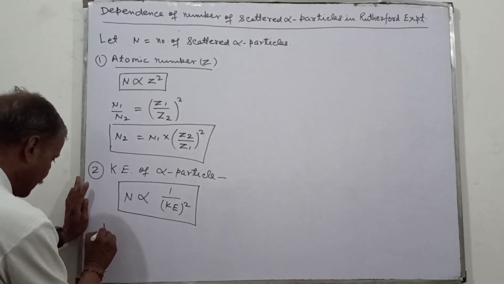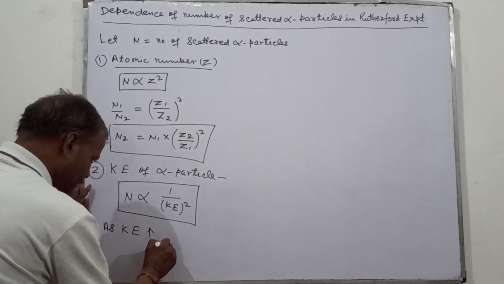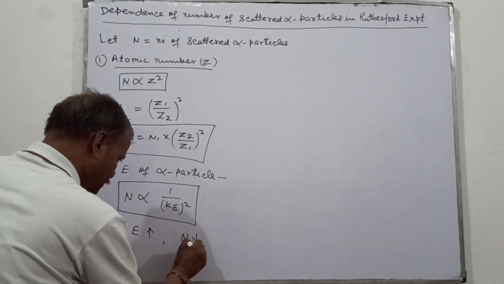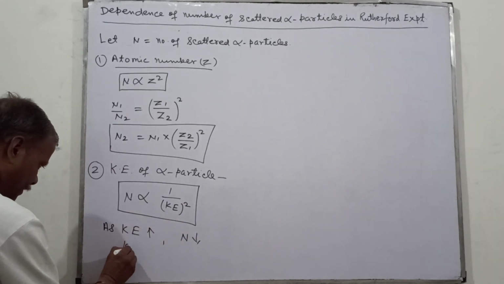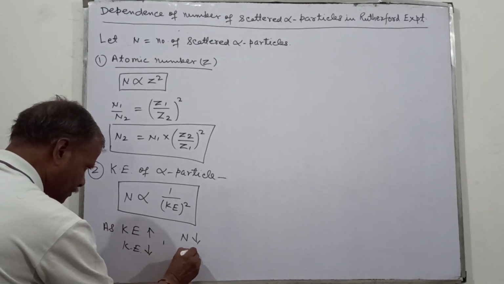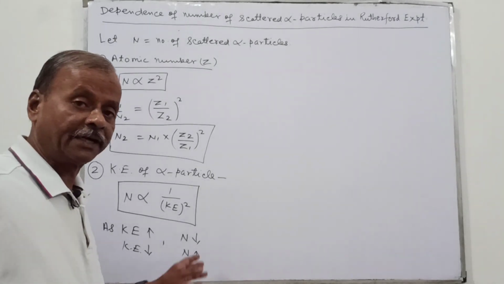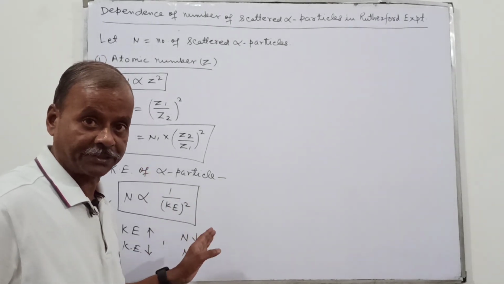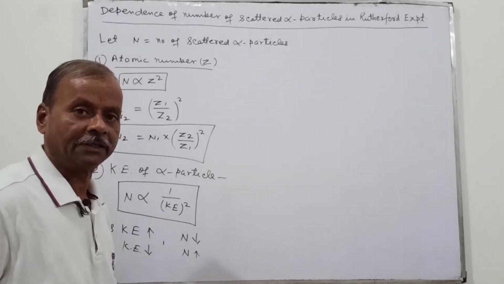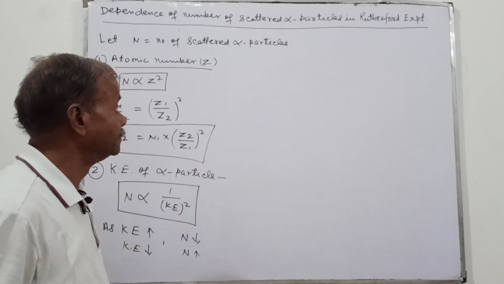As kinetic energy increases, n decreases, or if kinetic energy decreases, then n increases. So as the kinetic energy of the alpha particle is increased, fewer and fewer alpha particles are scattered. It means that they pass through the foil without any kind of deviation.